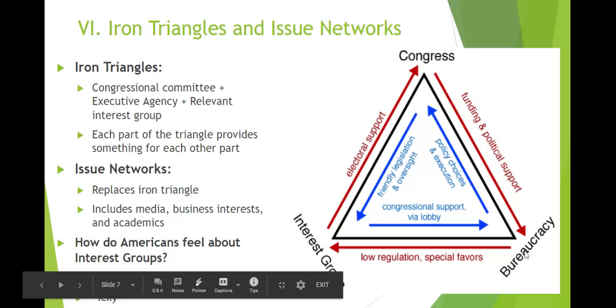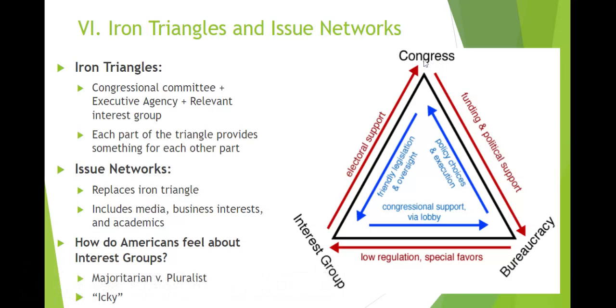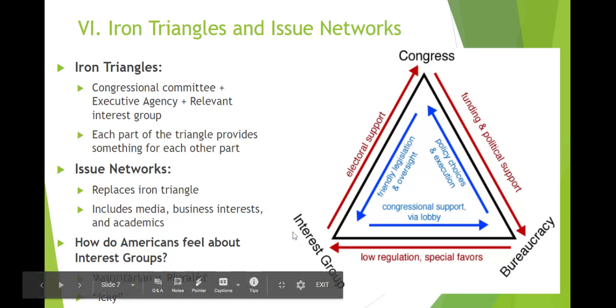So the interest groups can also lobby bureaucratic agencies and try to get friendly regulation. So we talked about the revolving door before. One thing that is common is for former members of Congress, once they lose re-election or decide to retire, they can, after a year, go to an interest group and make a bunch of money as a lobbyist or sitting on some corporate board.